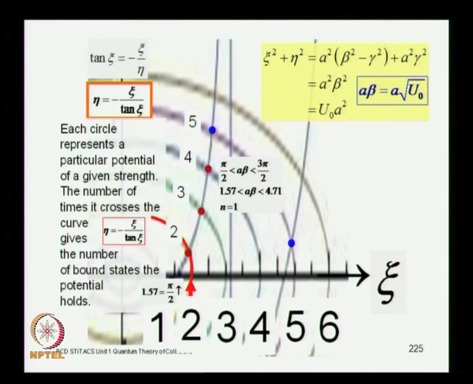The same circle crosses the curve eta versus xi, where the relationship is given by the equation that must be satisfied by the continuity at the boundary, right. The wave function must be continuous, the derivative must be continuous. So, this condition must be satisfied, and you get 2 bound states for xi equal to 5. For xi equal to 6, again you will get 2 bound states.